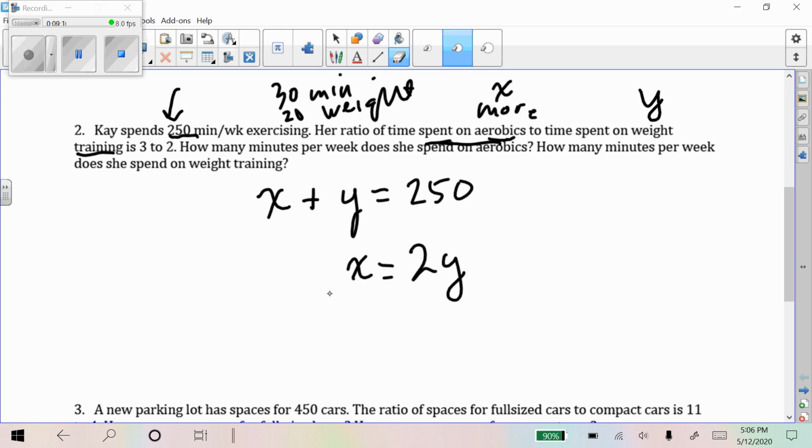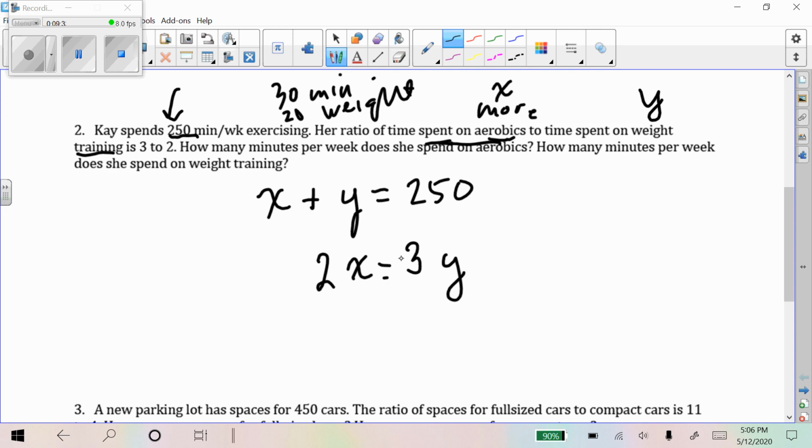Actually, I said that wrong because she's spending more time on aerobics. So for every 2 minutes she spends on weight training, she spends 3 minutes on aerobics. So we get this. Okay.